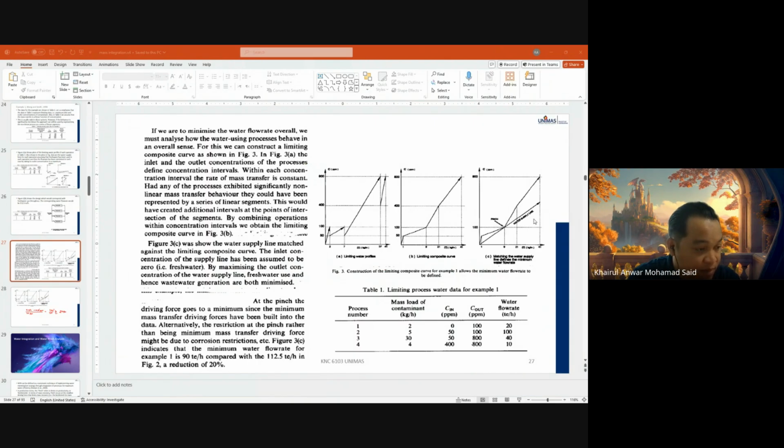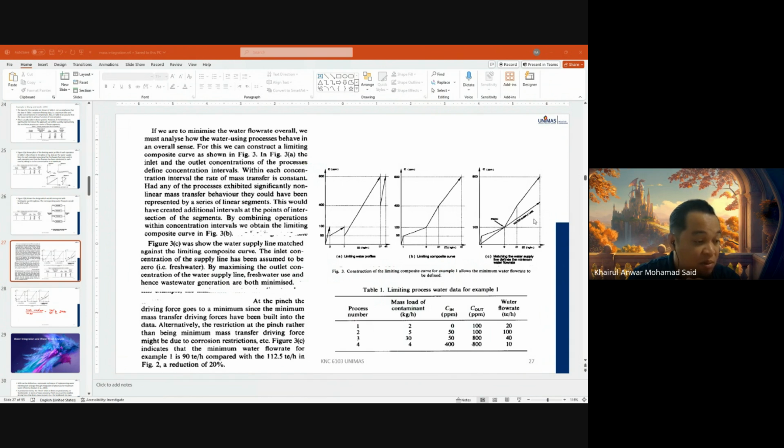Because the mass transfer is driven by concentration difference, this is why the answer is number two. If your water supply line goes above the limiting water profile, the concentration of the water would be higher than the process stream can tolerate.